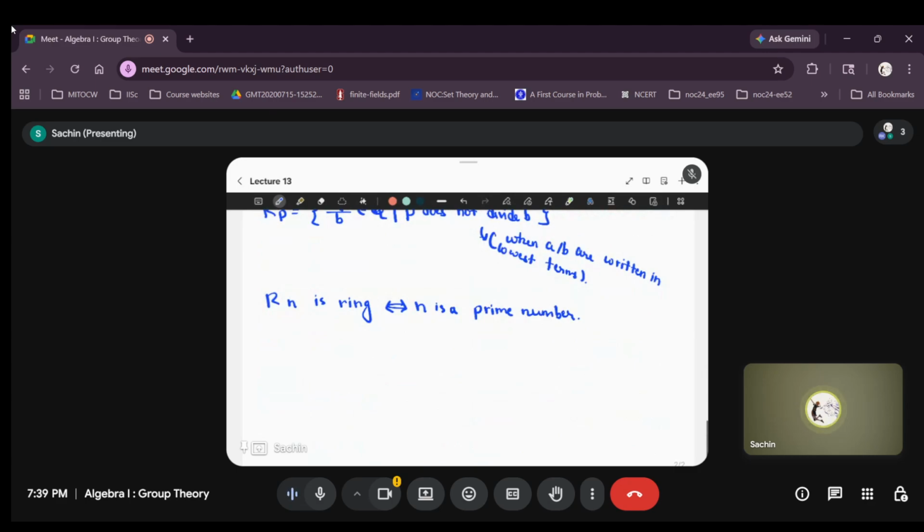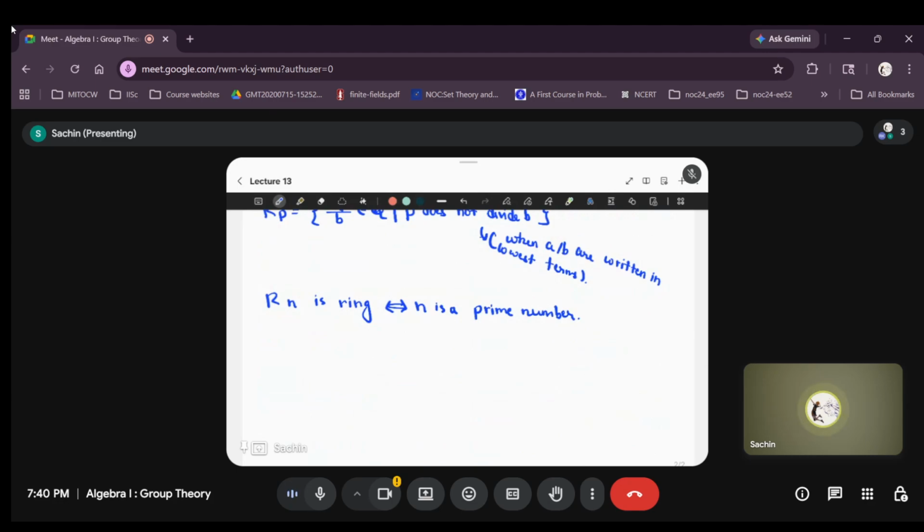So when n is a prime number, closure holds. When n is not prime, it is similar to the example we saw, where 4 does not divide b, and for 4 we took one half. In general, n being composite means that there exist two integers a and b such that n is equal to a times b.